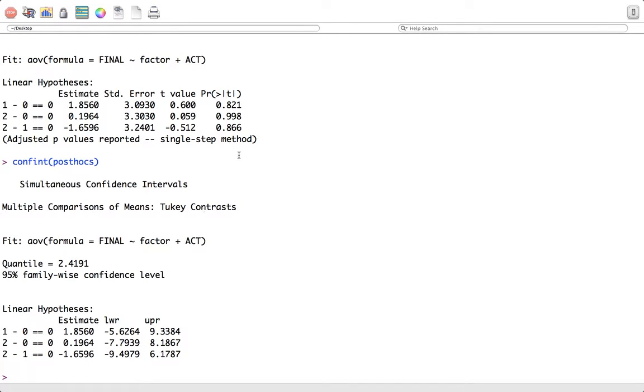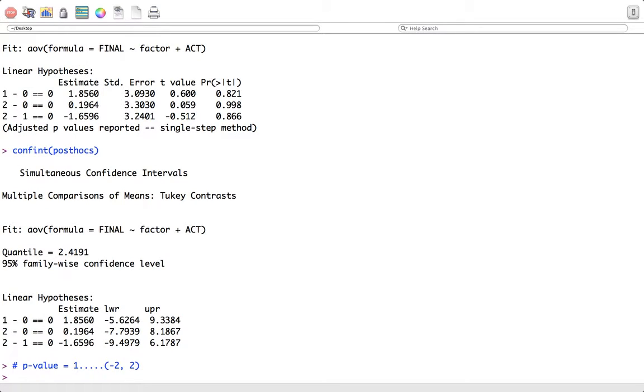For example, if you were to get a p-value equal to 1, then your confidence interval would look something like -2 to 2. So the more symmetry you get around 0, the higher the p-value is going to be. Okay, that's just some extra stuff.